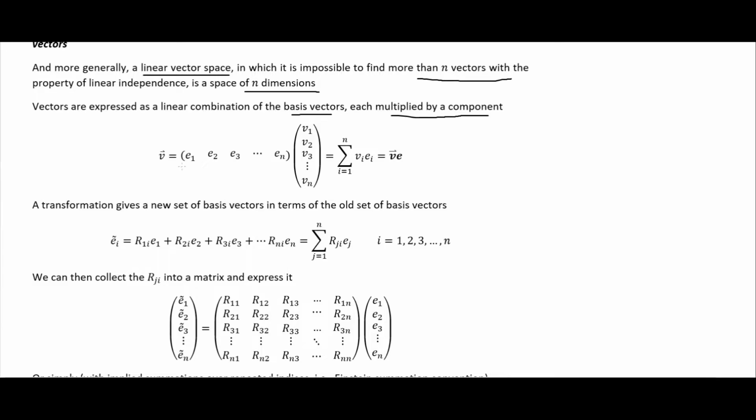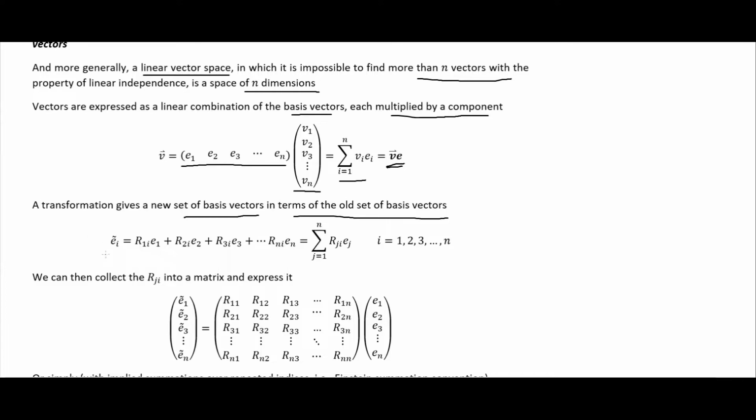And so we can take the row vector of our bases and then this column vector of our components, and we can just do a dot product or scalar product of them, and so we end up with this. So there's the summation here. We can have the implied summation. Then a transformation gives a new set of basis vectors in terms of the old set of basis vectors.